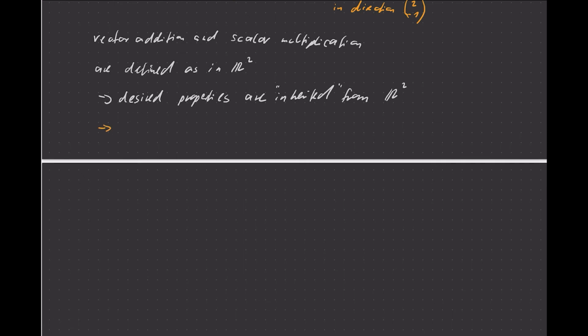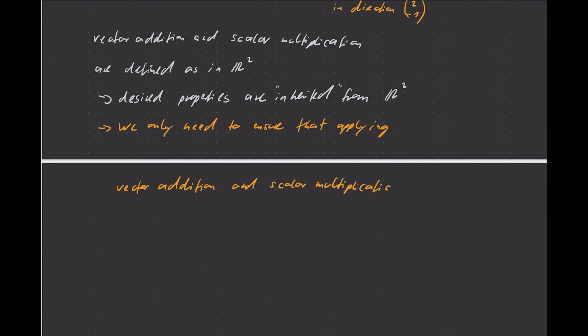So we only need to ensure that applying vector addition and scalar multiplication to elements of V yields an output in V. And then we know that we have a vector space. So let's try to do that.